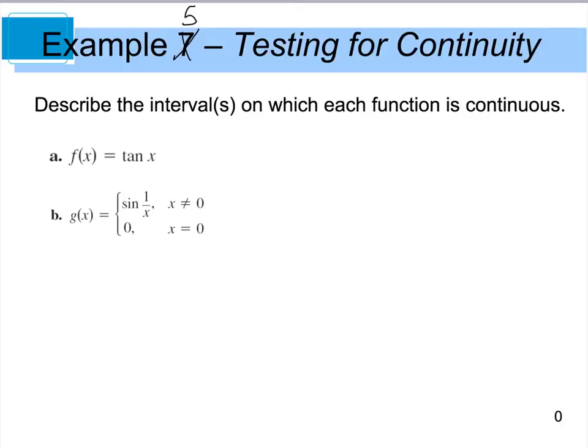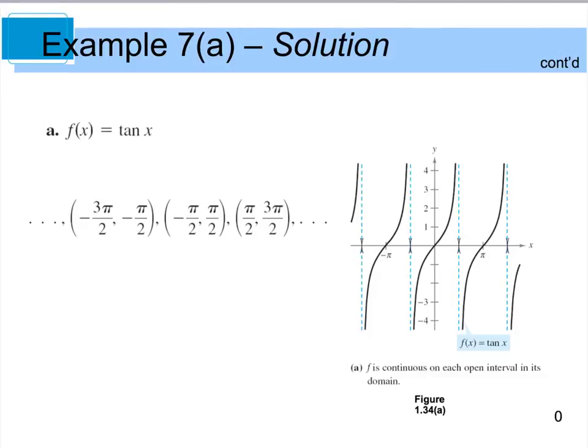But at every increment of pi over 2, my function will be discontinuous. So if I get something that looks like this when I graph it, notice all these blue lines are our asymptotes. But if I'm going from negative pi over 2 to positive pi over 2, or pi over 2 to 3 pi over 2, we have continuous functions.